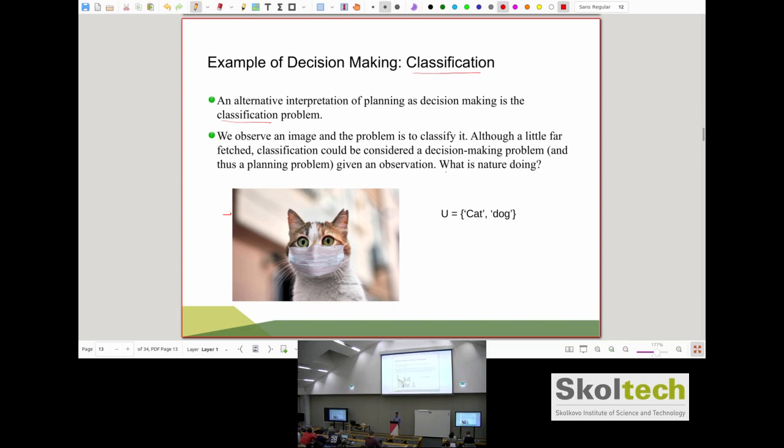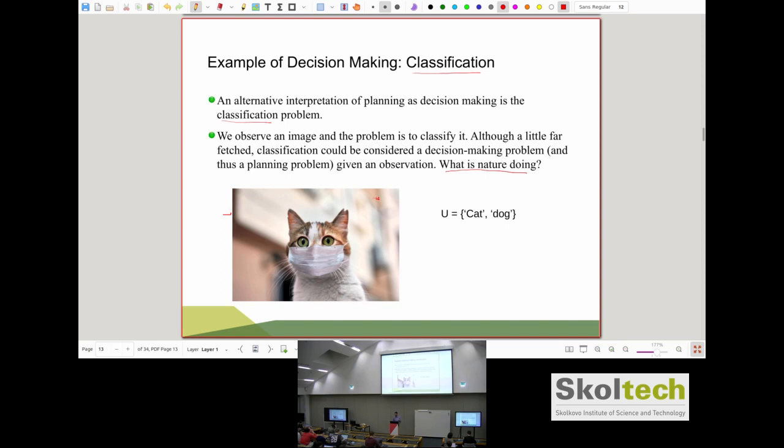The question then is, what is nature doing? You can consider that nature is just adding some noise here, it's kind of perturbing things. We don't have the canonical representation of the image, so there's a lot of noise here, and in this case, yes, we could think that this is a probabilistic problem. All these adversarial approaches are kind of trying to not assume this naiveness of nature of just being a probabilistic process, but you go in the other direction of your optimization.